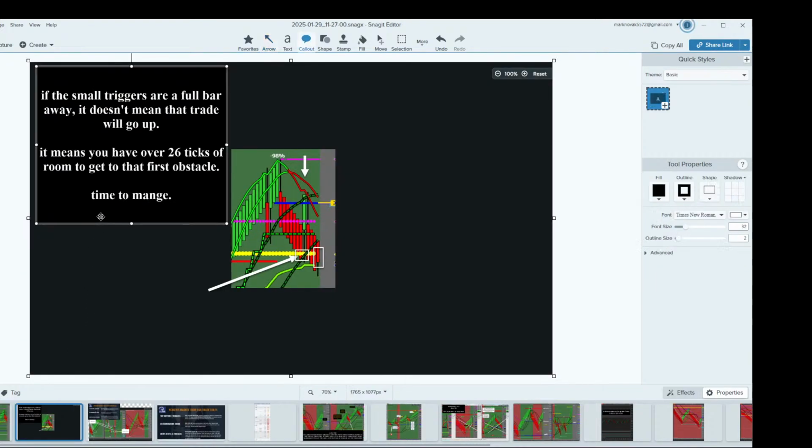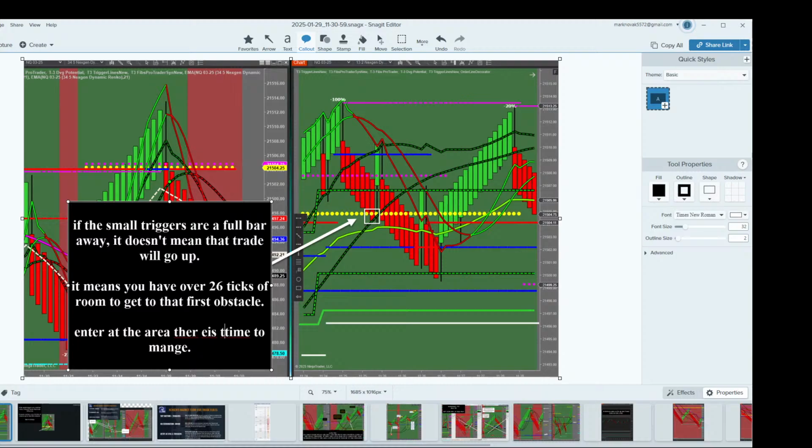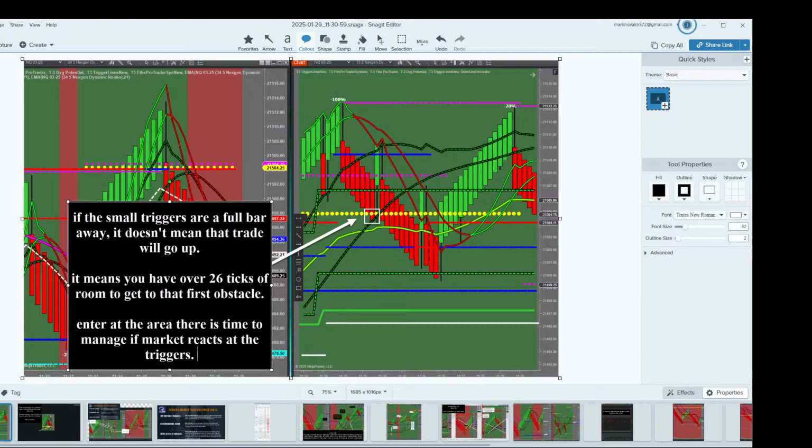Maybe I can just steal it from here. So let me finish the thought here. Enter at the area. There is time to manage if the market reacts at the triggers. So that's the perfect look.